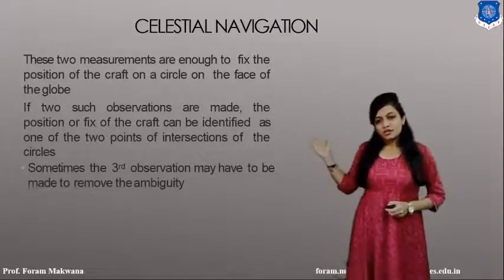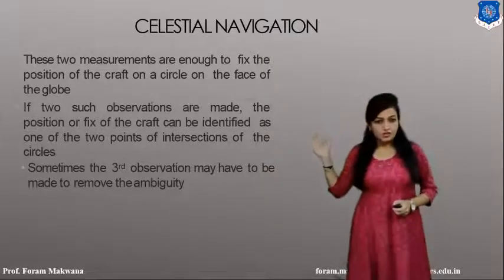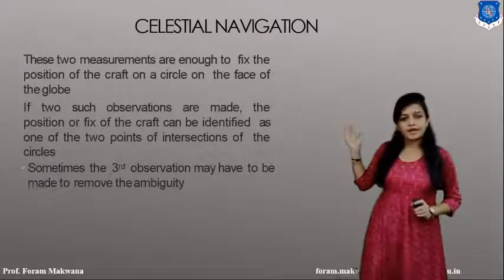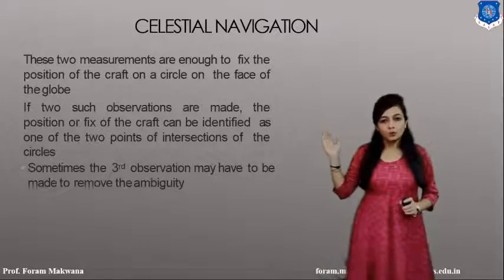In celestial navigation, we need to take two measurements, which is enough to fix the position of the aircraft onto a circle on the face of the globe, right?